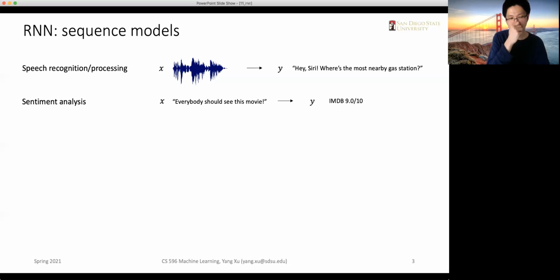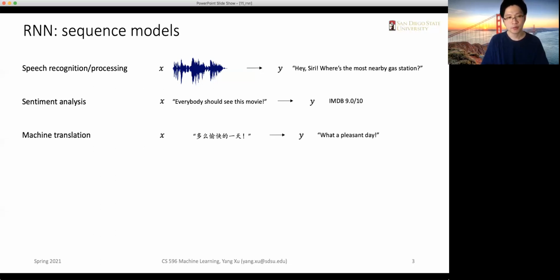A second example I put here is sentiment analysis. Given a short text-based comment, there are meanings conveyed in it, and the sentiment is just one dimension of evaluating the meaning in that input. Like you can give a score of 1 out of 10 to indicate whether the comment is relatively positive versus negative, right? And a more advanced example task is translation.